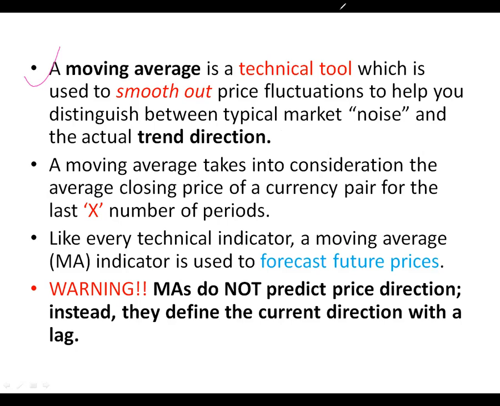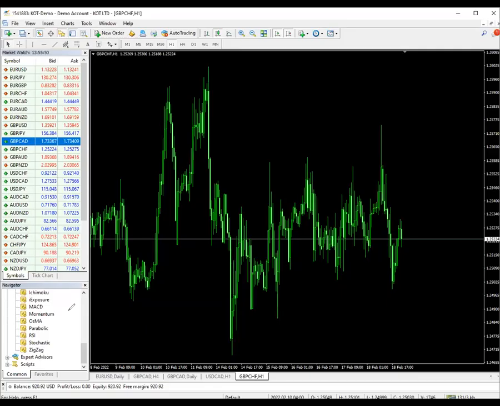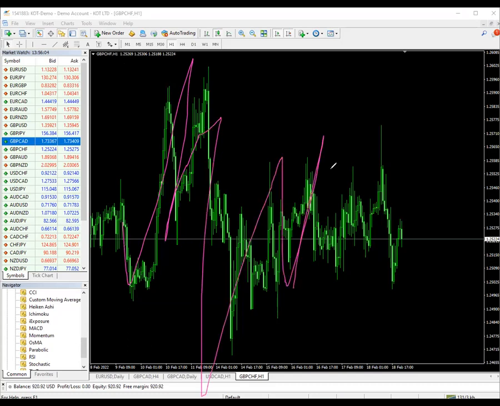If I go straight to the MT4, I can show you a clear explanation of what we mean by this first point. Looking at this over here, as you can see, the forex market is just being choppy. This is GBP chart, moving up, down, down, up, in that order. Look at the choppy way the market is.